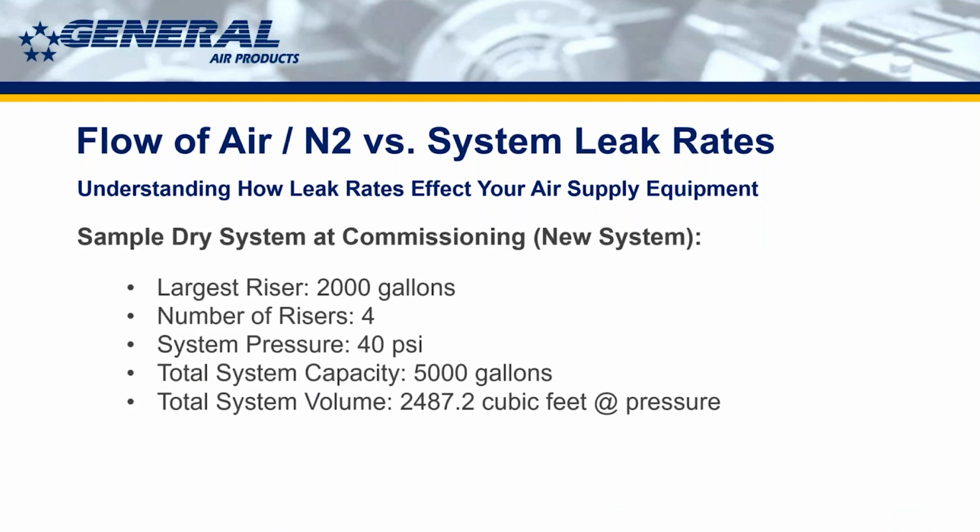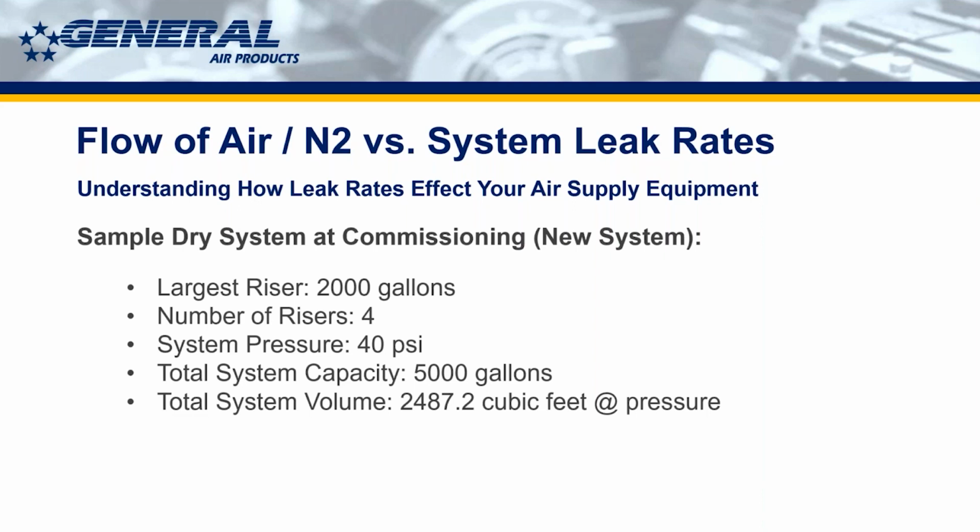So we're going to take a look at how that's quantified, given a sample dry system here. The sample dry system that we're looking at is a 2,000-gallon system. Number of total risers will be 4 total risers. This is a 40 PSI system pressure, and total system capacity between all 4 risers is 5,000 gallons.